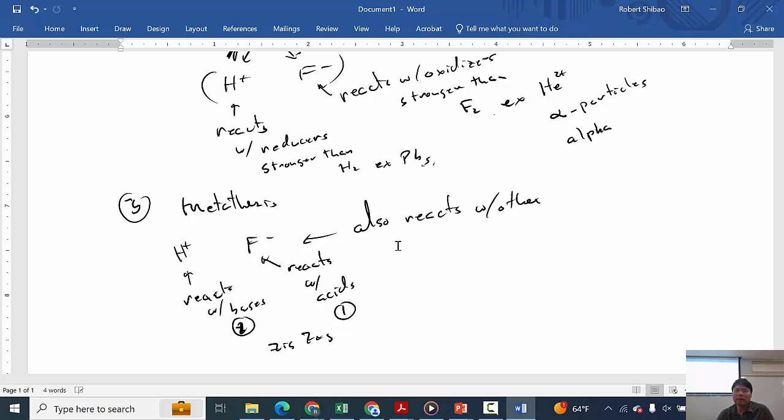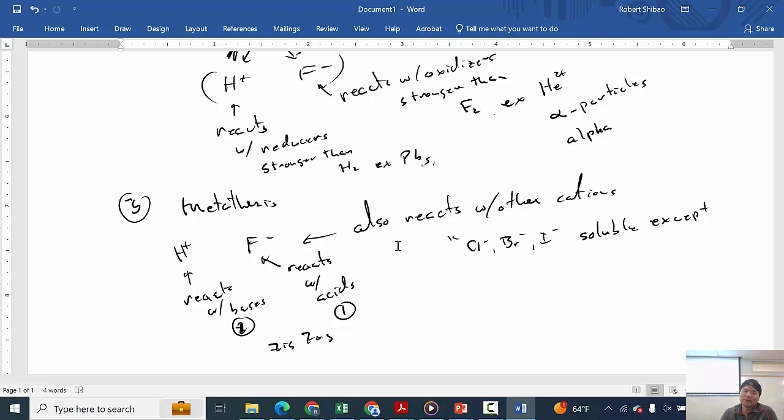Other cations. If you remember the solubility rule, chlorides, bromides, and iodides are soluble, except when paired with what cations? Calcium is soluble.